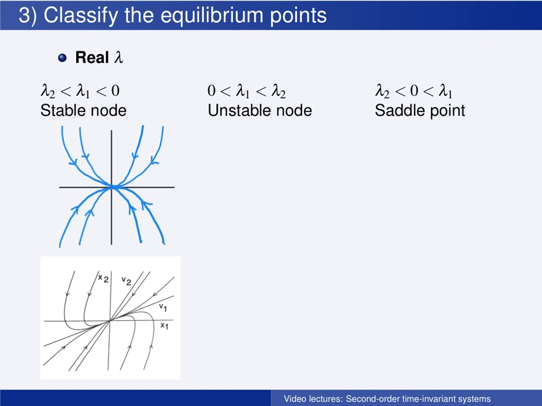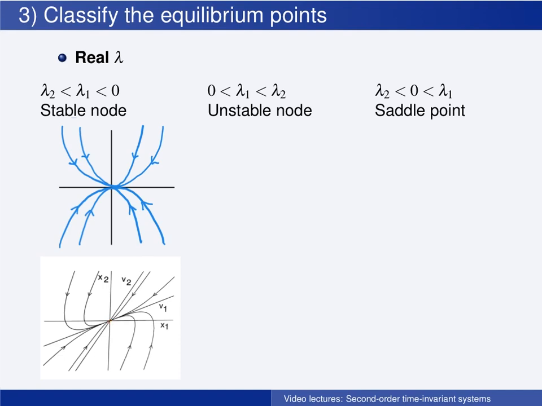v1 is the eigenvector corresponding to the slow eigenvalue lambda 1, and v2 is the eigenvector corresponding to the fast eigenvalue lambda 2. Up here we see that when the trajectory comes close to the origin, it becomes parallel to the x1 axis, while here it becomes parallel to the v1 axis as it approaches the origin.